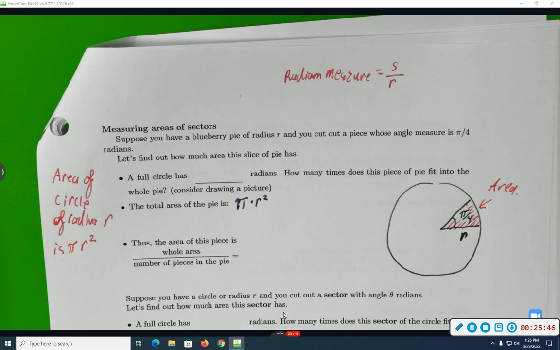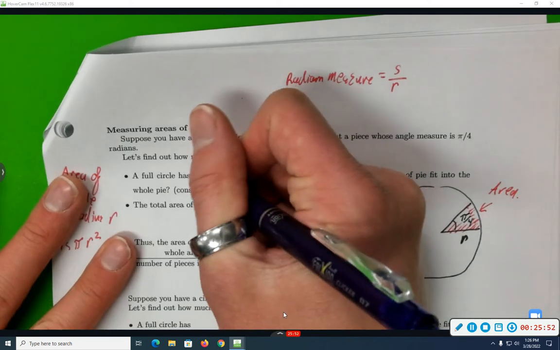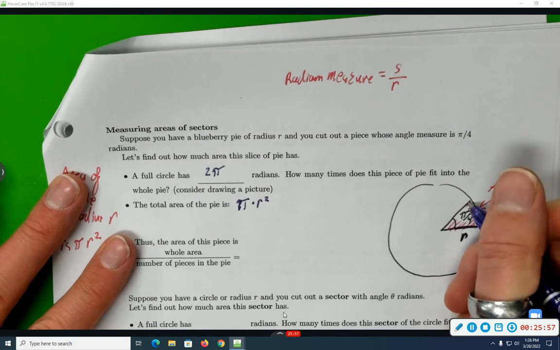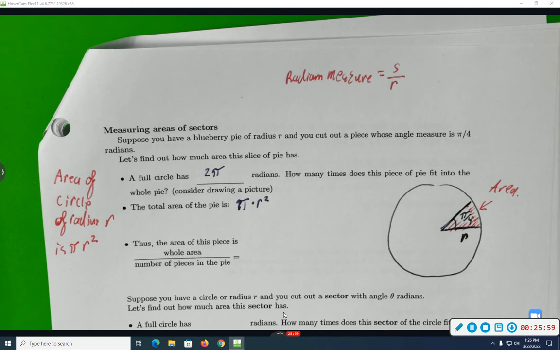Yes, say that over. 2 pi. So a full circle has 2 pi radians. How many times does this slice fit into 2 pi? How many pi over 4s does it take to make 2 pi?